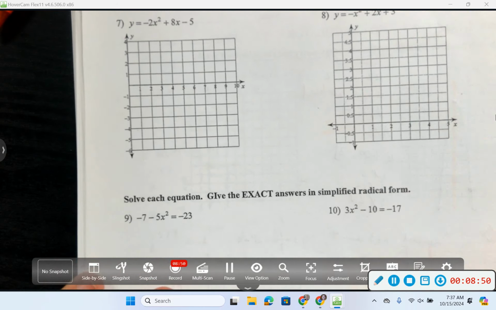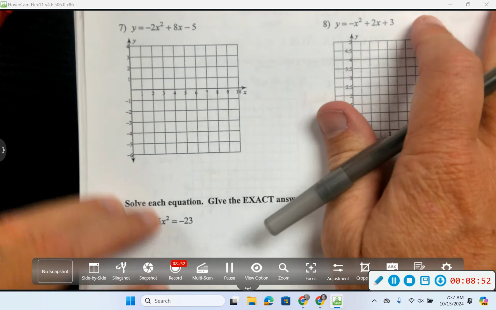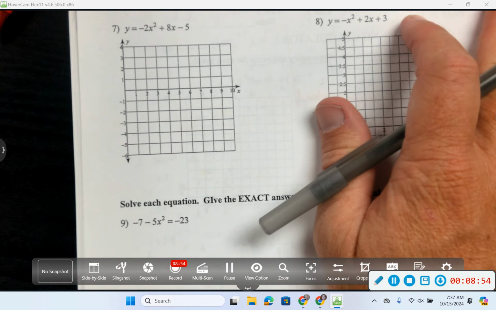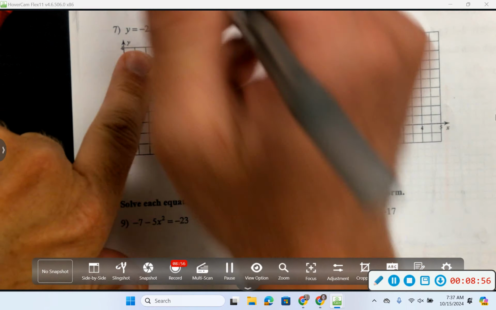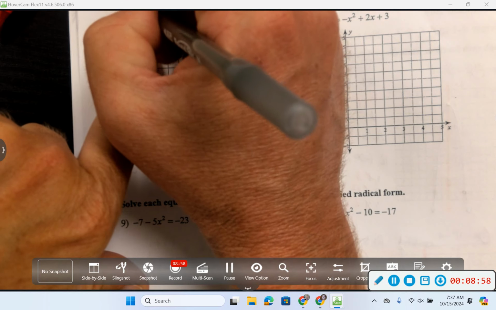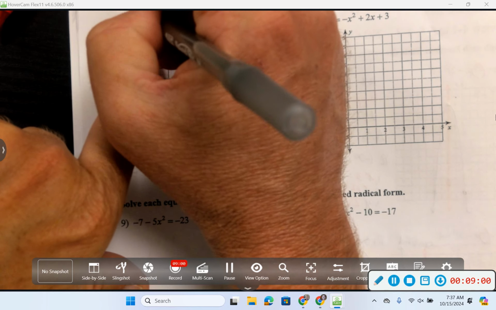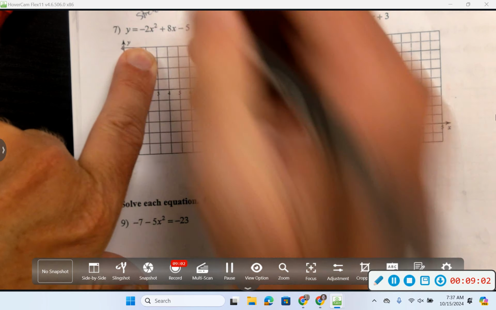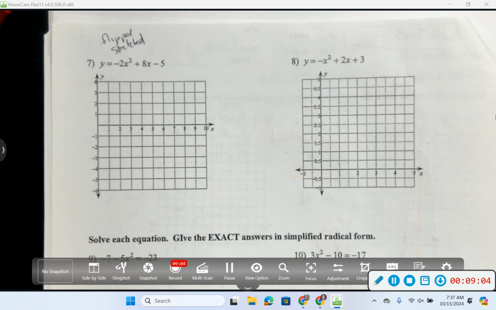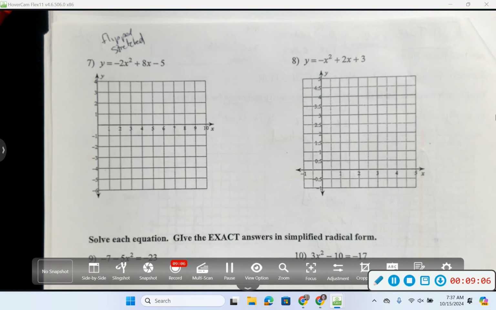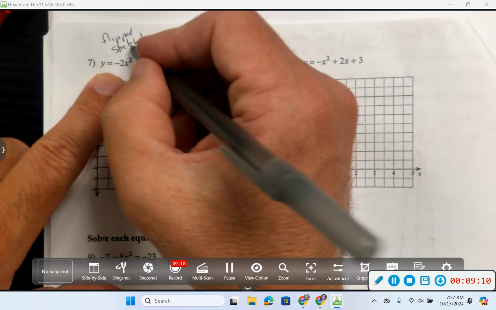Number 7, same type problem. It's negative, so it's flipped. There's a 2, so it's stretched. Now that's not really how I'm graphing this one. I'm not using the translations to graph it, but they still apply, so I'll remember that when it comes time.